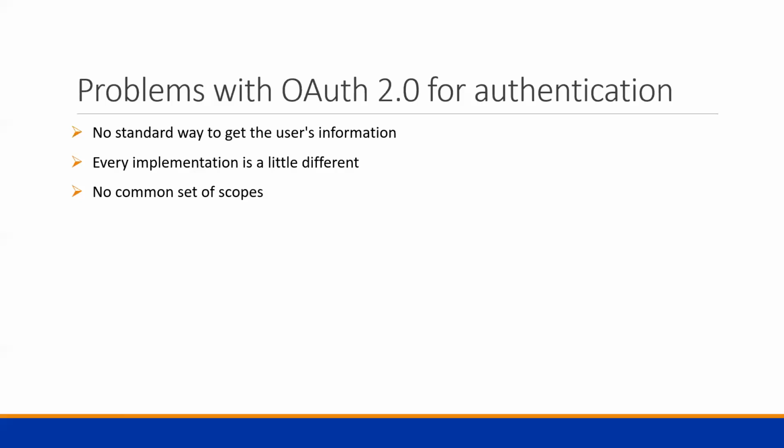If you call Google, they had their own scopes, whereas if you call Facebook, it had its own scopes. Even in the Azure world, which came very late to the party, these were the challenges they had in OAuth 2.0, where there was no common set of scopes.